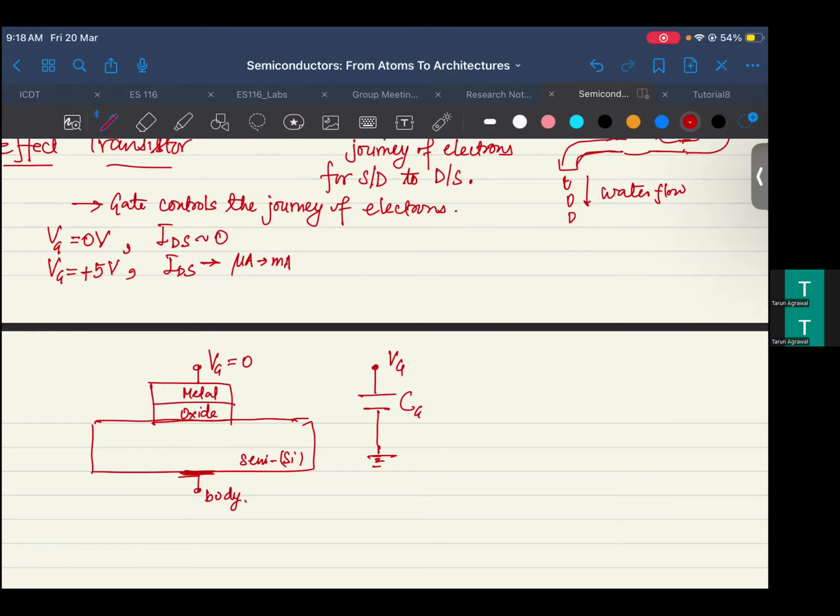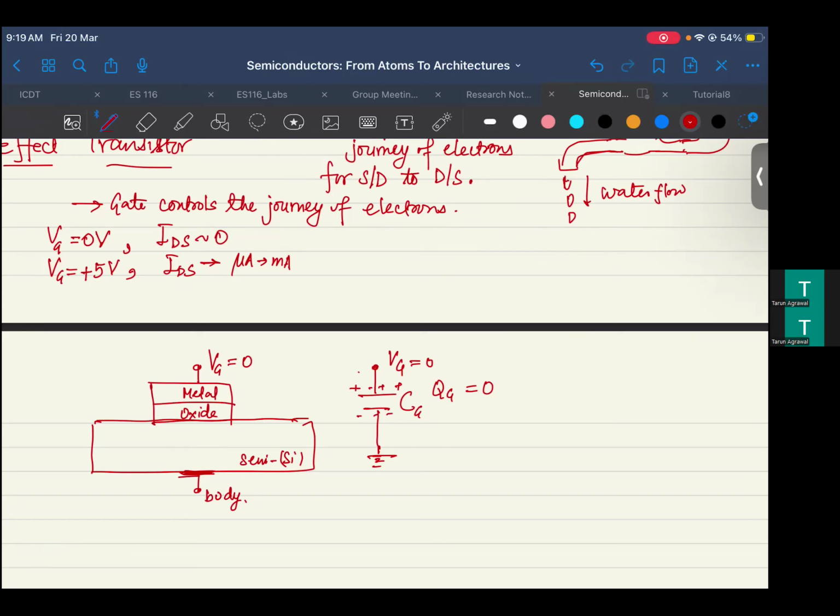Now, when there is no voltage applied, there is no field, which means the charge across the capacitor, let's say QG, is 0 for VG equal to 0. That is the basic capacitor action, and you can put it in the comments if you want a video on how a capacitor works.